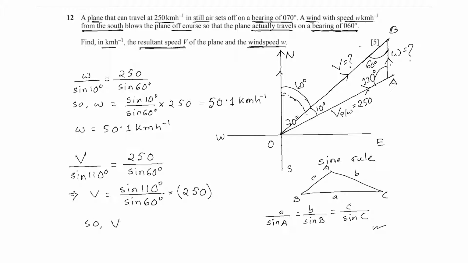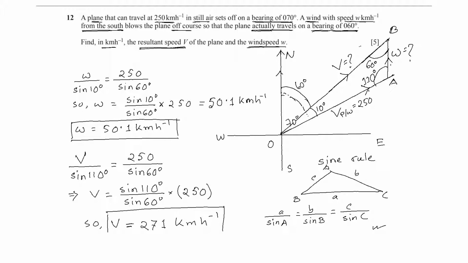Now let me do the calculation so that we can get the value of V as 271 kilometer per hour. So finally we get our speed of the wind as 50.1 kilometer per hour, and speed of the resultant velocity is 271 kilometer per hour.